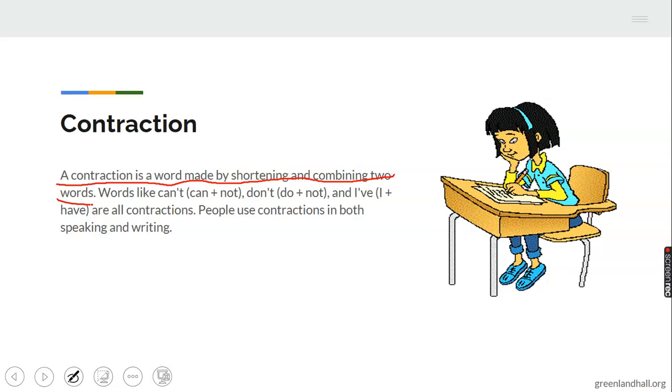We have two words like I mentioned earlier. We have I is a word, then we have will. And then what happens? We shorten them. Instead of having two words, we are going to have just one word. So we shorten the words and we combine the words together.